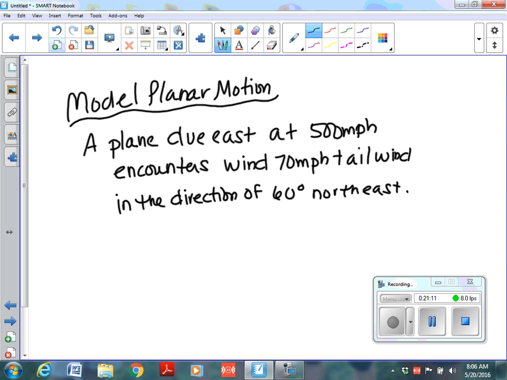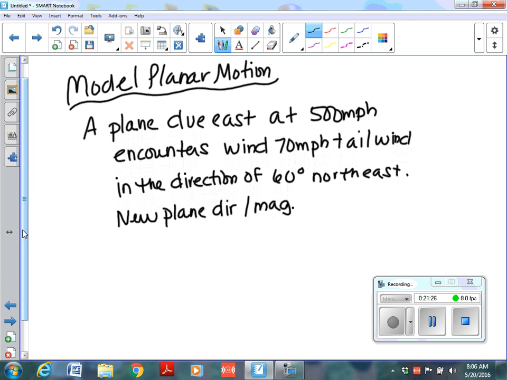What they want you to do is find the new plane's direction and magnitude. So if you think about it, I'm going to start at the vector u. Vector u is starting at 500, 0.